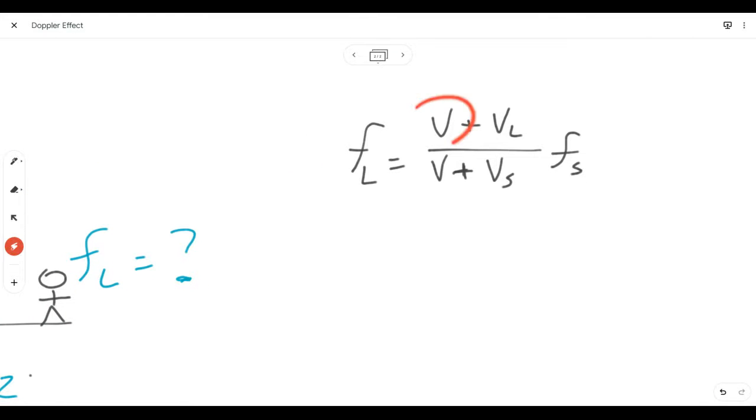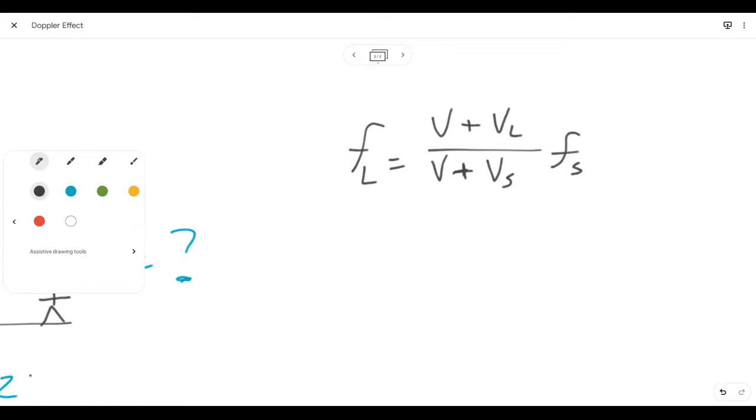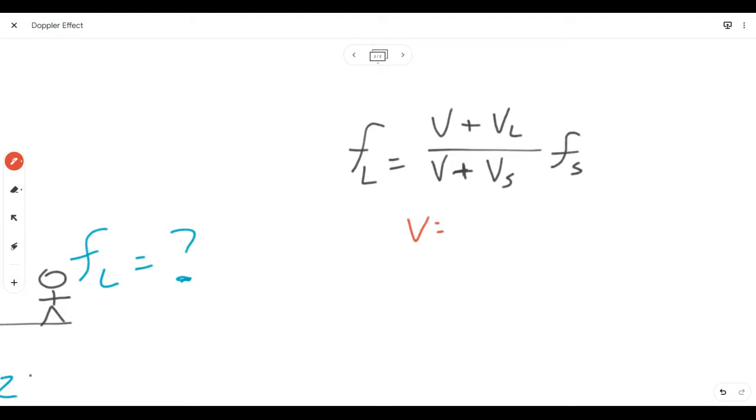V stands for the speed of sound. And as I told you the other day, unless I specifically tell you otherwise, we're going to say that the speed of sound is 343 meters per second.